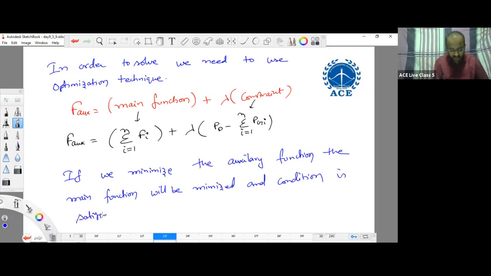Yes or no? So we have converted the constrained problem to an unconstrained problem.